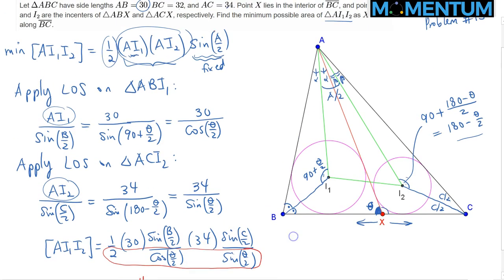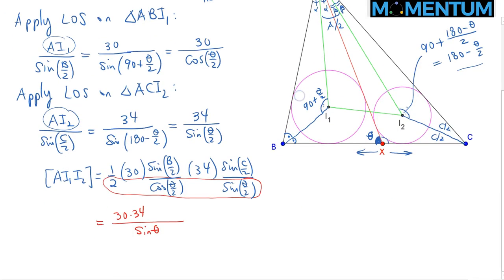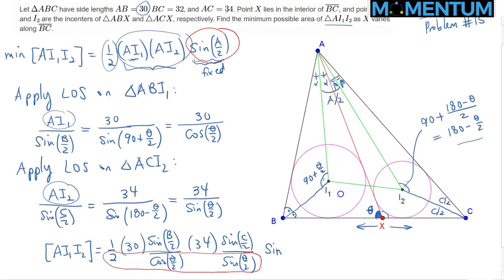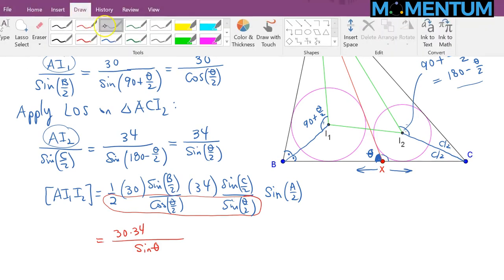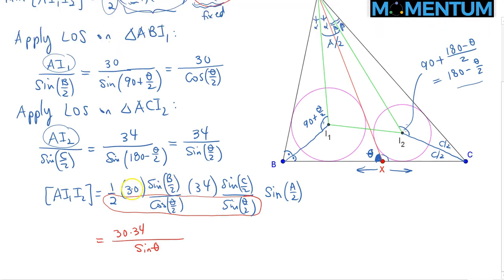Oh, wait, I'm still missing something here. Yes, we have sine of angle A over 2 missing. It didn't look symmetrical for a minute after all, so that raised the flag. So 30, 34, and I'm missing, oops, let's fix the color, sine B over 2, sine C over 2, sine A over 2.